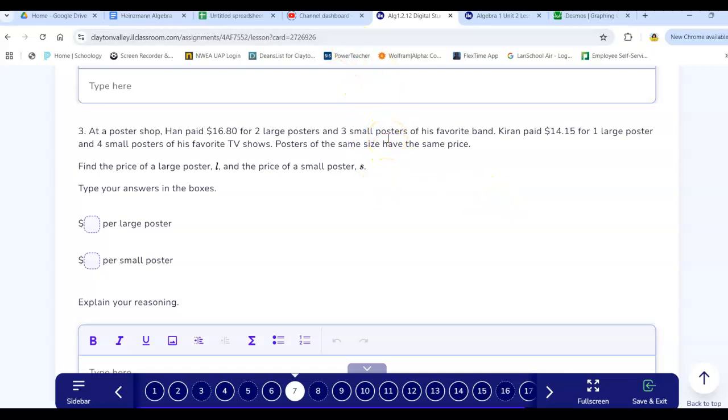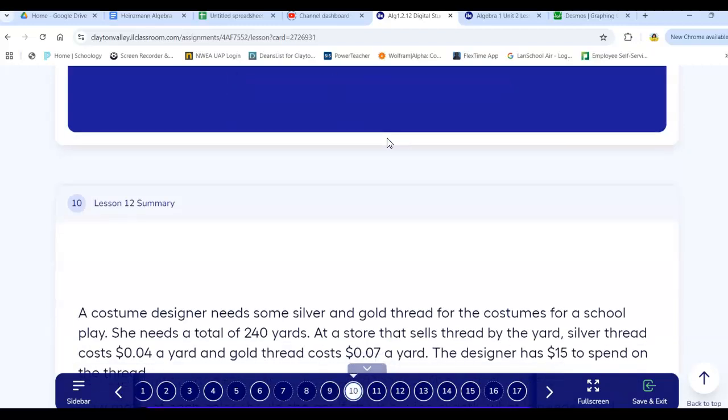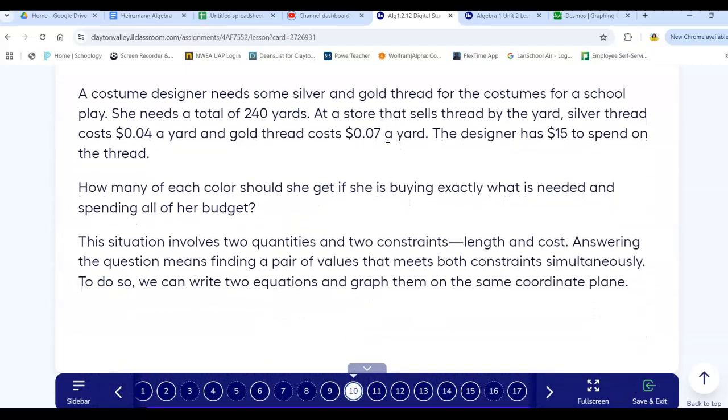And they're asking you to figure out what the answer would be. Which you can do without algebra. So that's the purpose of this. So now let's get into the summary. So in lesson 12, what was the point they wanted you to get out of this lesson?